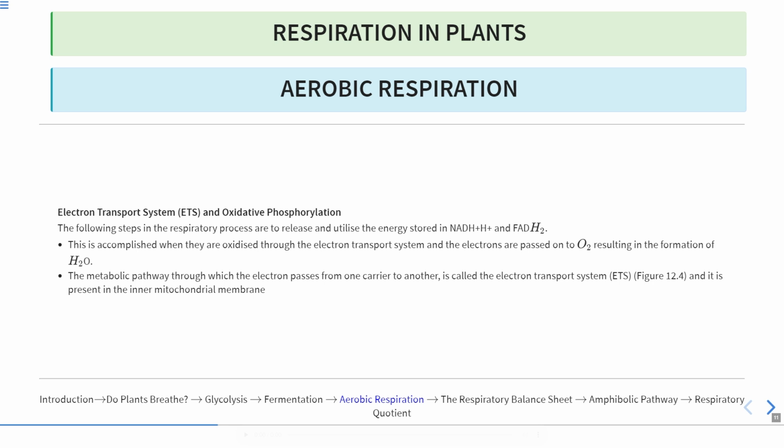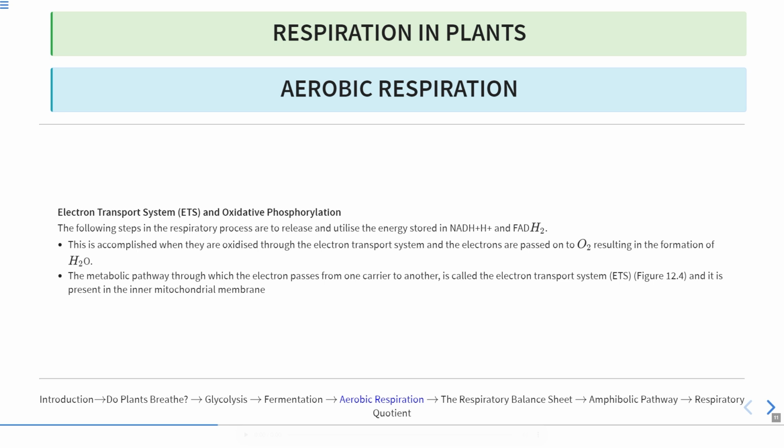There is a chain of steps of reaction in which the electrons are transported from one compound to another, and there is a release of electrons, and ultimately at the end they are passed to O2, where they combine with hydrogen and form a water molecule. The metabolic pathway through which the electrons pass from one carrier to another is called the electron transport system.